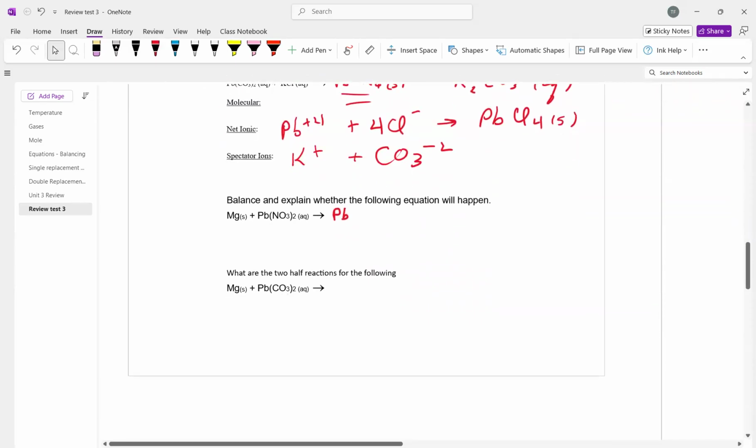Balance and explain whether the following equation will happen. Now this is a single replacement because it's a metal and a salt as opposed to two salts. Metal plus salt, single replacement.